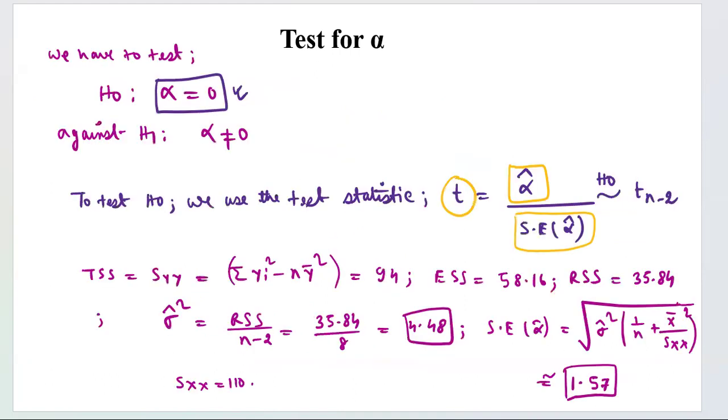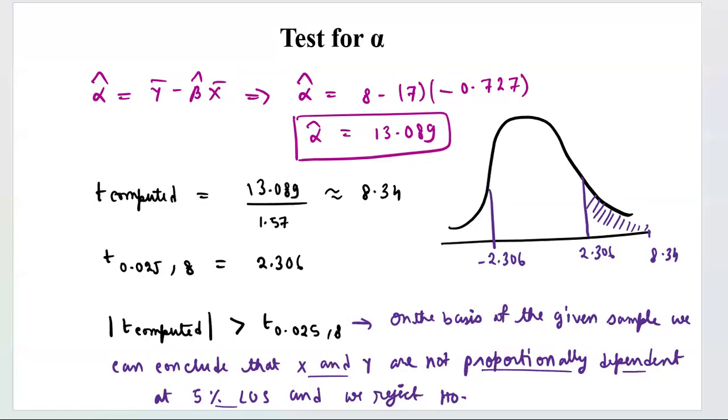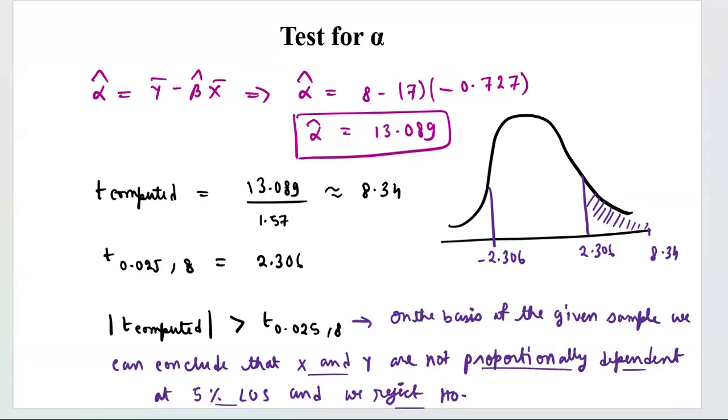But we conducted this hypothesis test and clearly showed that there does not exist any proportionally dependent relationship between X and Y at 5% level of significance, and we reject H naught on the basis of our test. This is the test, the T computed value, which is this.